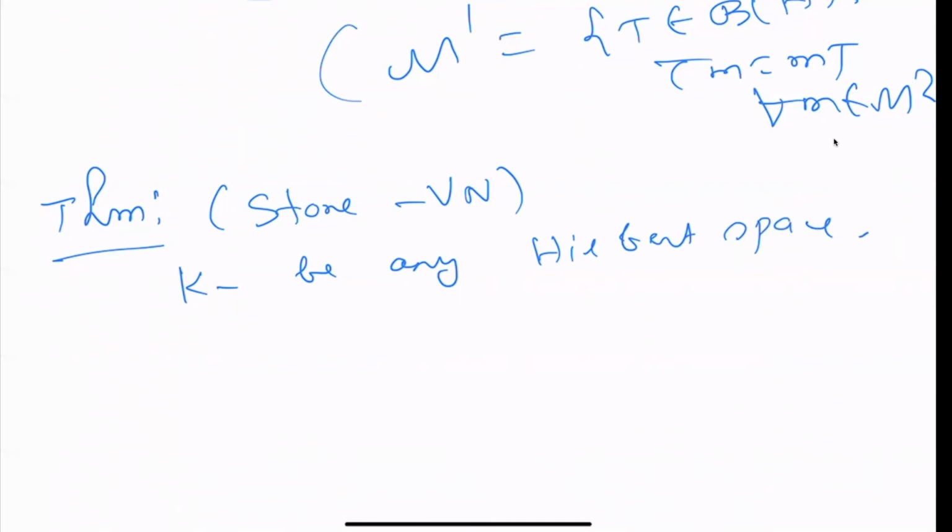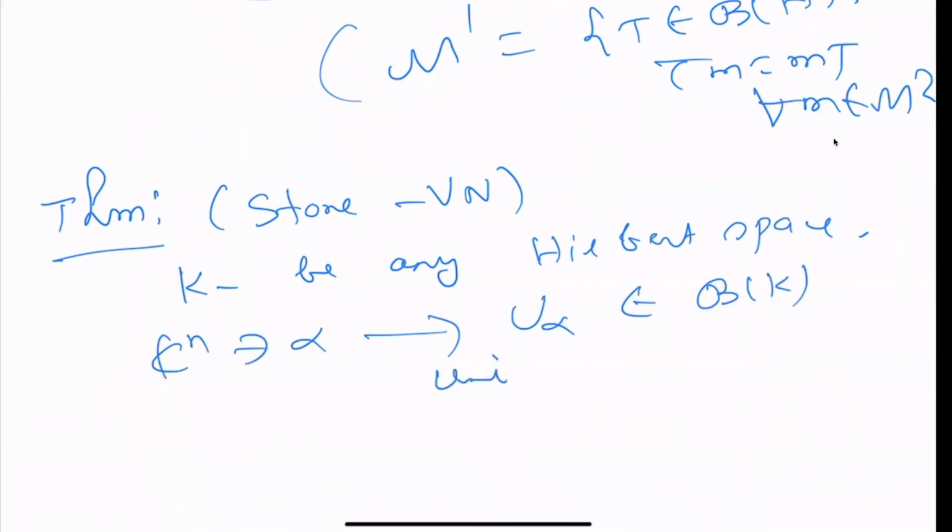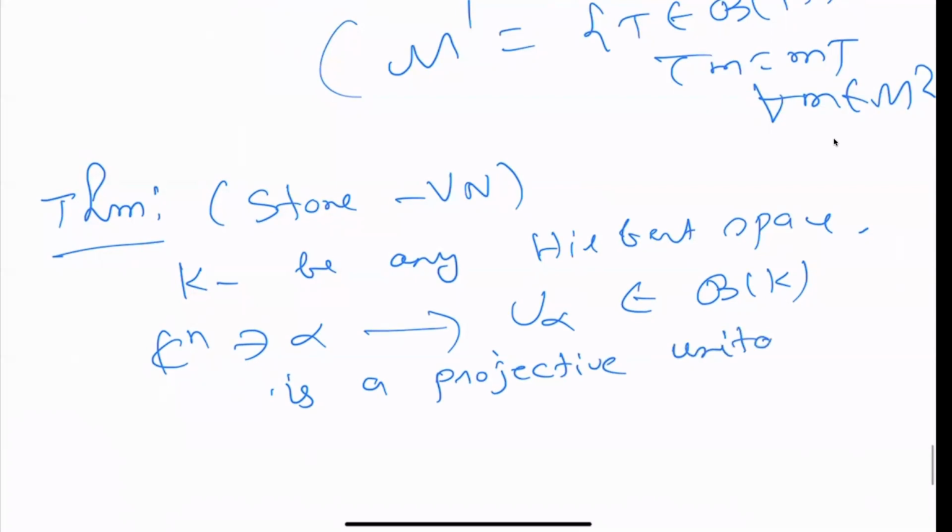And from alpha in C^n, alpha to U of alpha in B of K is a unitary, a projective unitary representation.